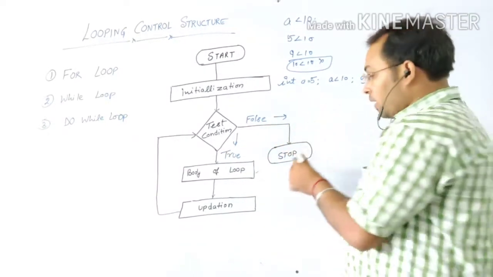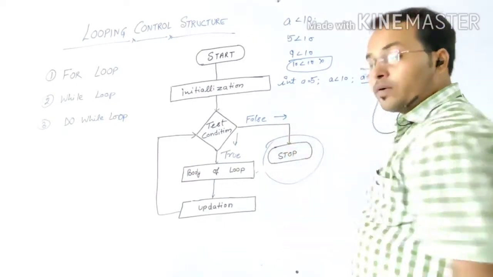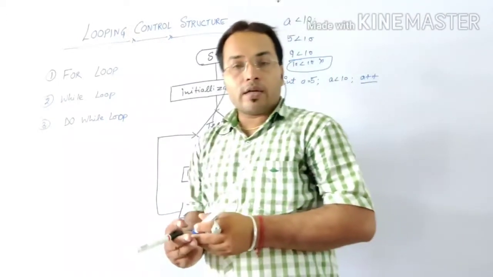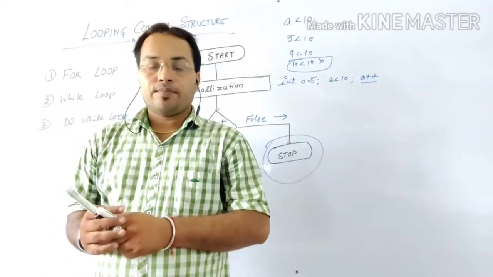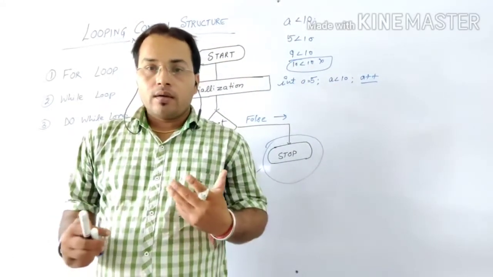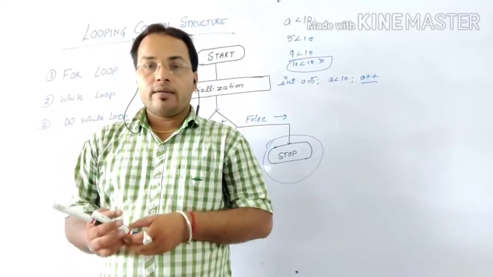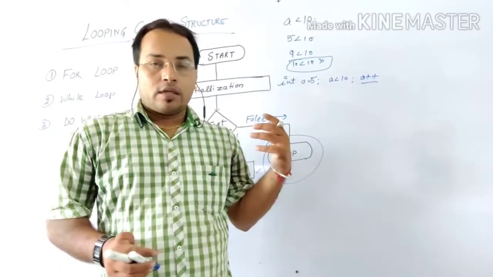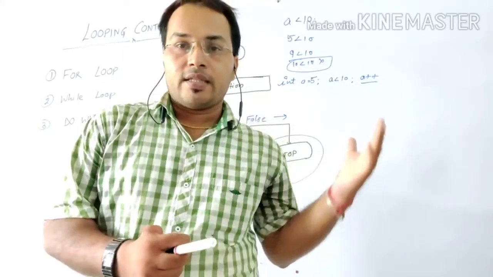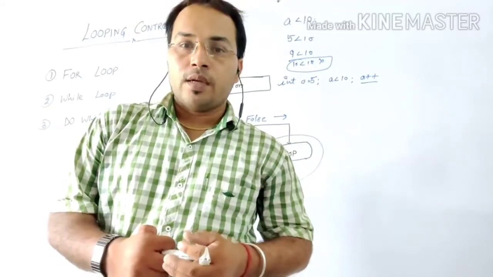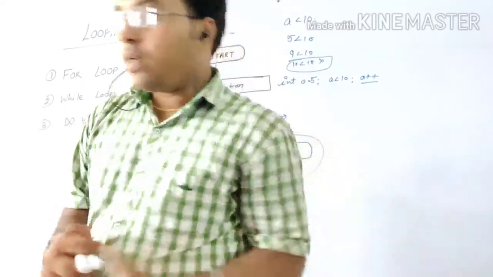The condition is false and the program will stop over there. So this is the working of loop statements in our program. You will be more clear when I give you an example, or you can say the program regarding these loops. But the working again I will explain.